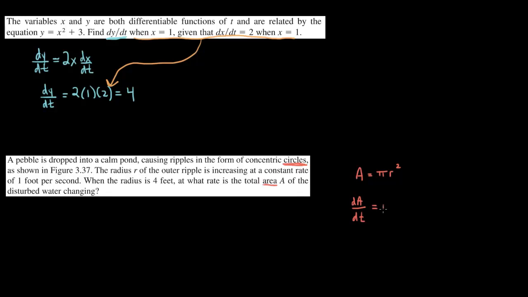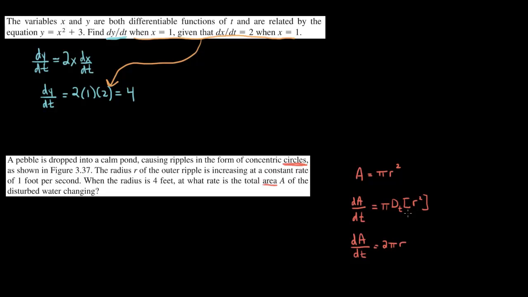We factor that pi out and take the derivative with respect to t of r squared. The derivative of r squared is 2r, so we write 2 pi r.